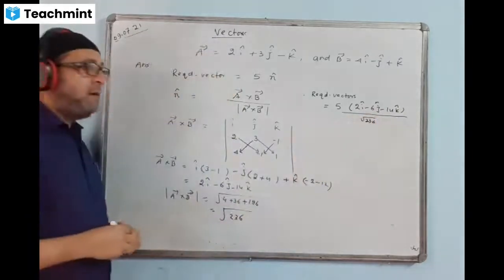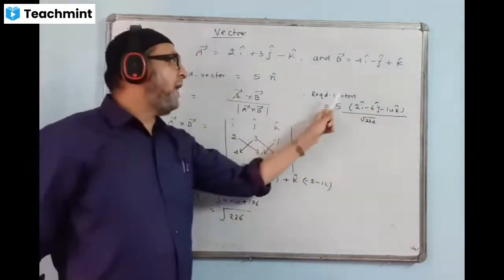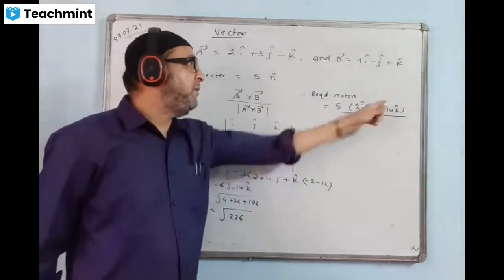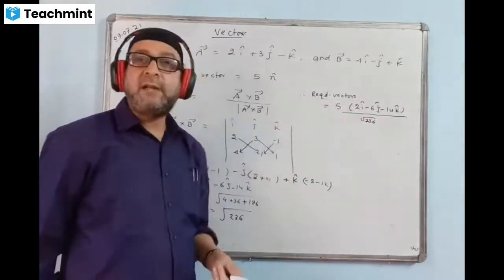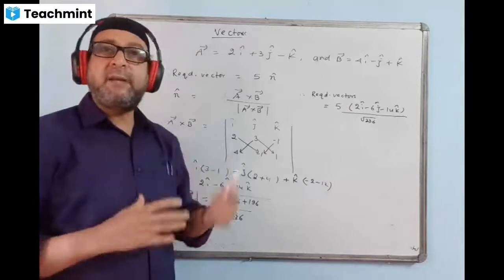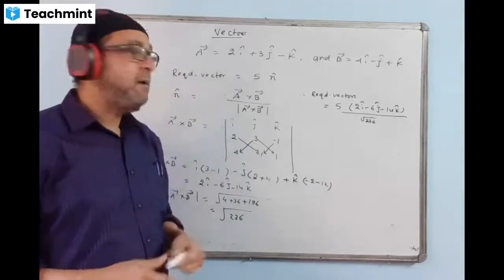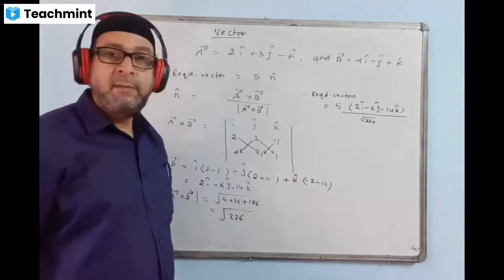If you want, we can separate it, 5 into this by this, or cancel and make the alignment simpler. We can simplify, but this is the answer.